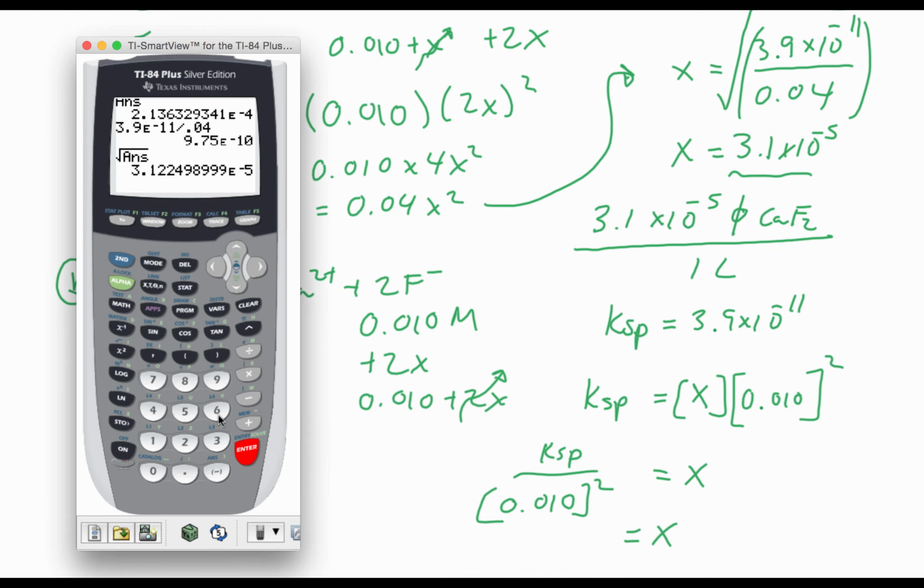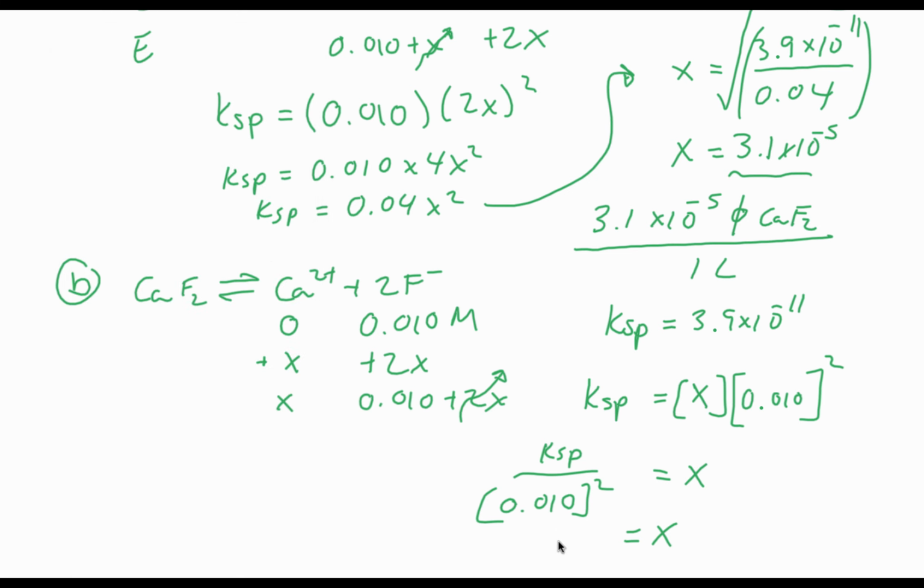We'll get the calculator out here. We get our KSP, which is, again, I'm taking it up here, 3.9 times 10 to the negative 11th, and we divide that by 0.010, and that's going to be squared, and we end up with 3.9 times 10 to the negative 7th.